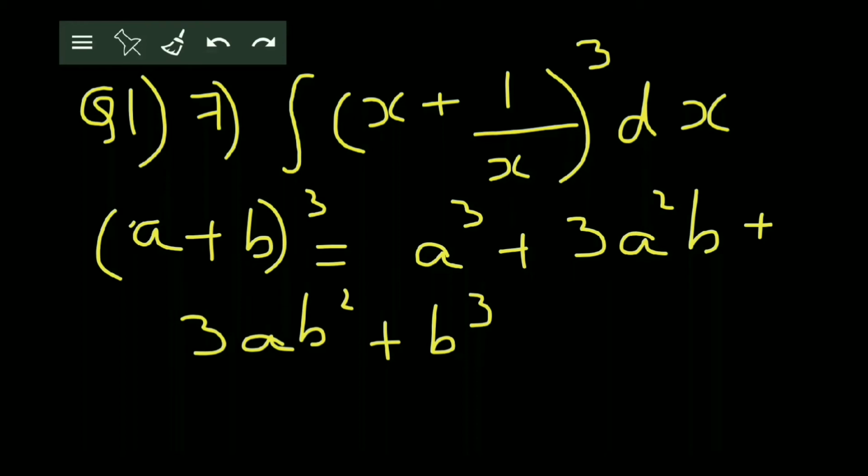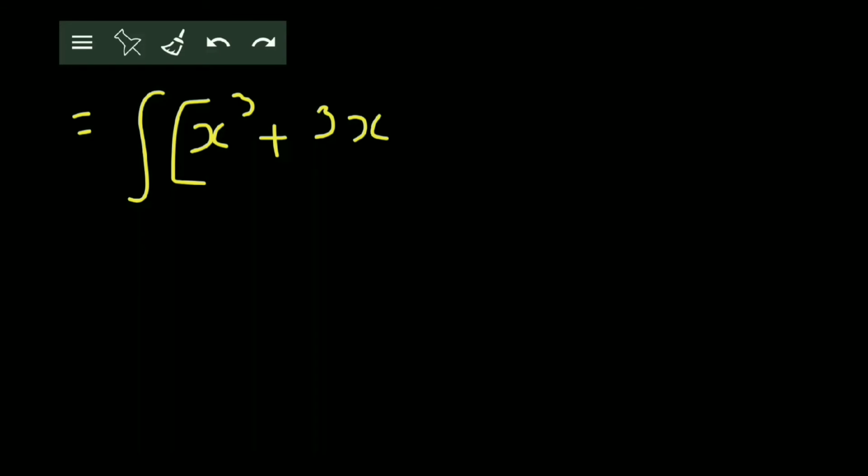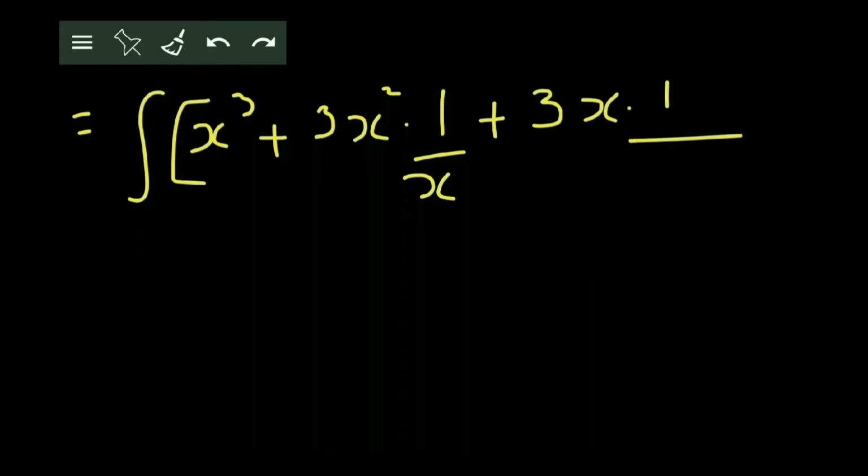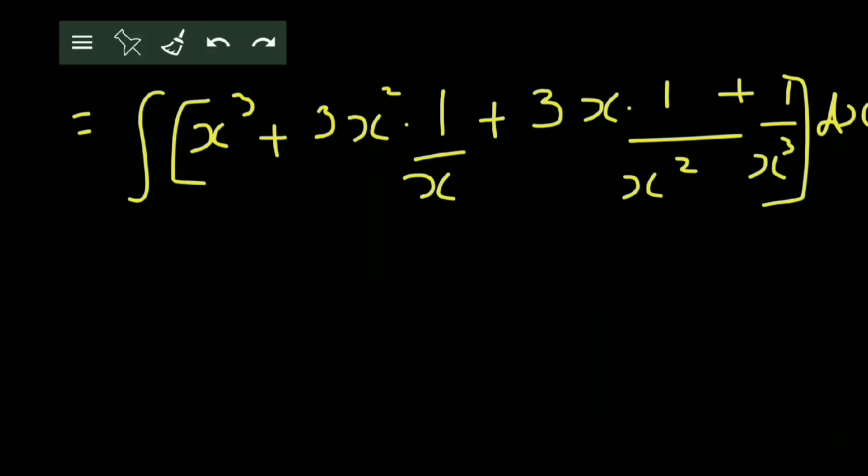So in this case, when we use the same formula for x plus 1 upon x the whole cube, our integral becomes x cube plus 3 x square into 1 upon x plus 3x into 1 upon x square plus 1 upon x cube. This way it becomes. Thus, we can cancel off the x up and down here as well as here.